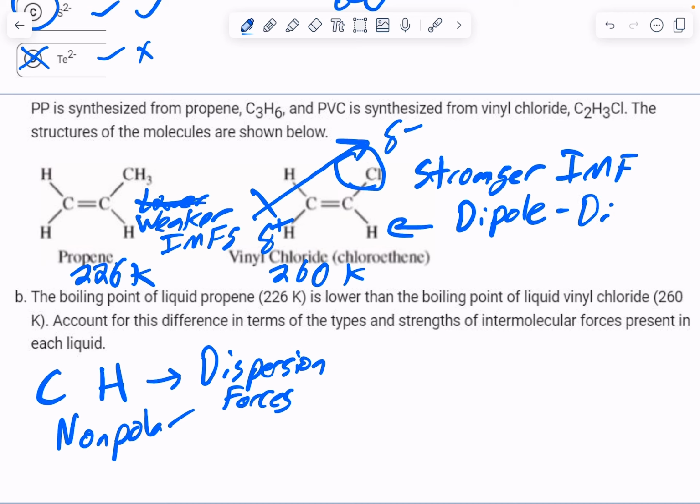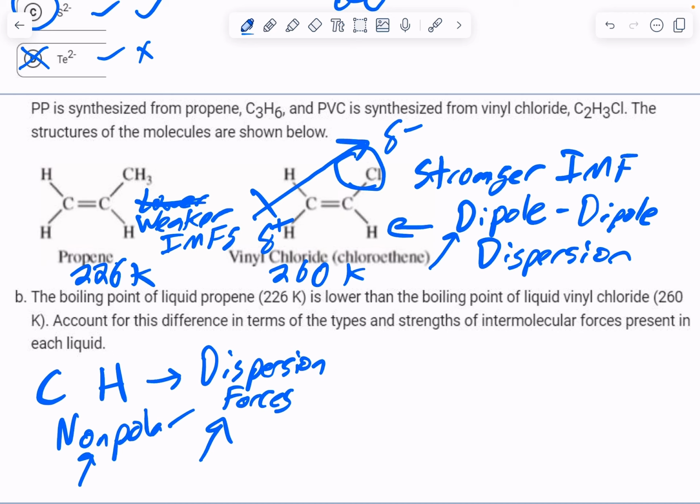So we have dipole-dipole interactions as well as dispersion forces. It can't do any hydrogen bonding because the hydrogens here are bonded to the carbons and those don't count. It has to be bonded to an oxygen, fluorine, or nitrogen. So the boiling point will be higher because it has dipole-dipole interactions, because it is a polar molecule. Whereas propene can only do dispersion forces because it's a nonpolar molecule.